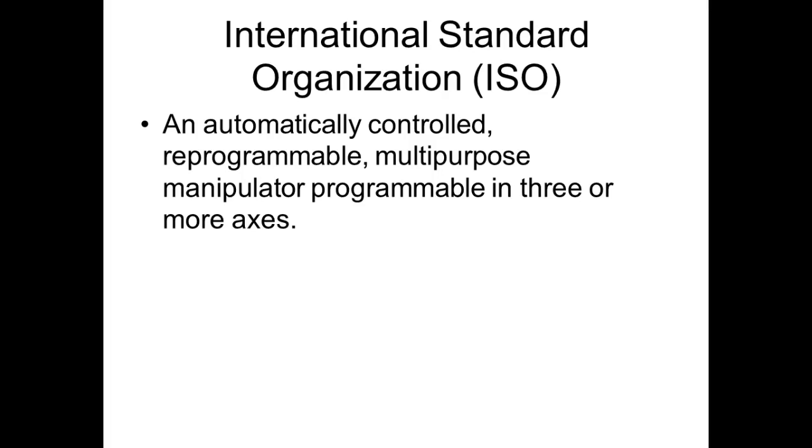So this is how ISO defines a robot. When they throw that out, that eliminates the robot board, because the second word says what? Automatically controlled. And anything that's autonomous means it does it with little or no human intervention, right?